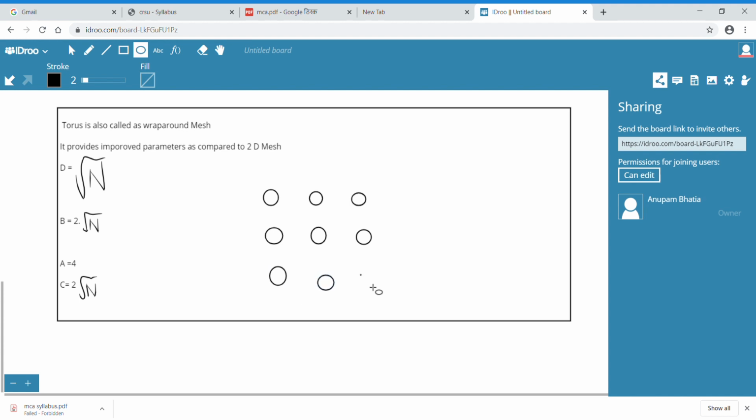In the examination, take care about this thing. If you are asked about the mesh only, then we have to explain both the 2D mesh as well as the torus. However, whenever it is specifically asked about the 2D mesh or the wraparound mesh, then we go about any one of them.